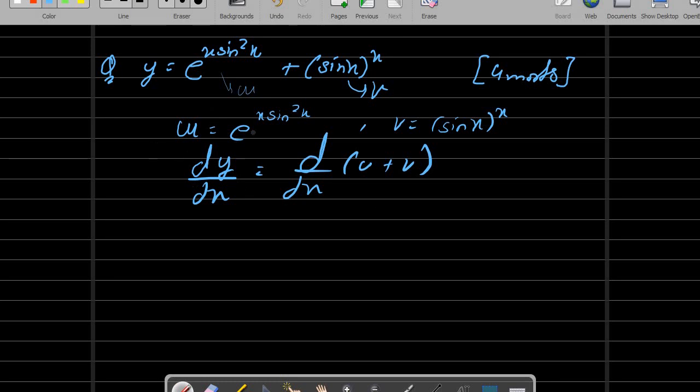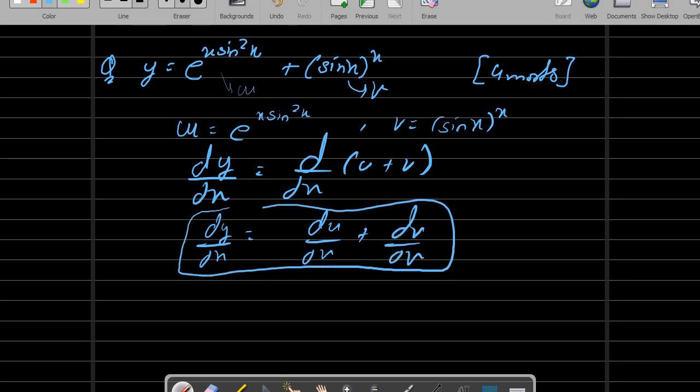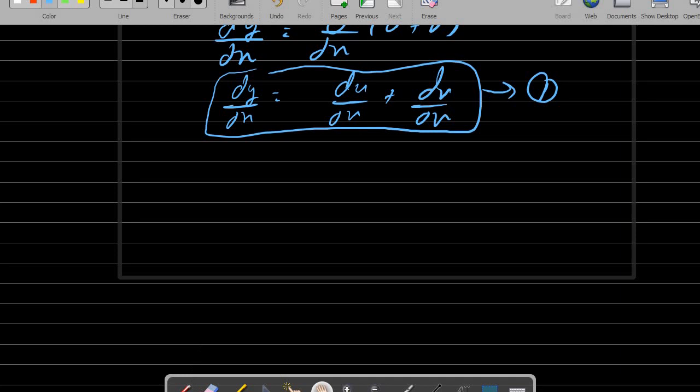I'm differentiating the whole expression as a whole. So dy by dx would be du by dx plus dv by dx. Now you mark this as your equation 1. We would put the values of the differentiation of both du by dx and dv by dx.